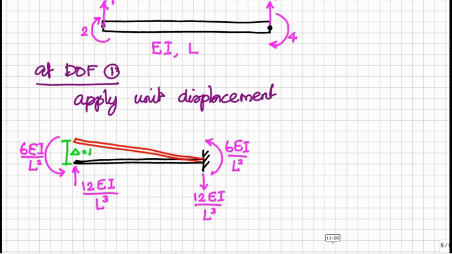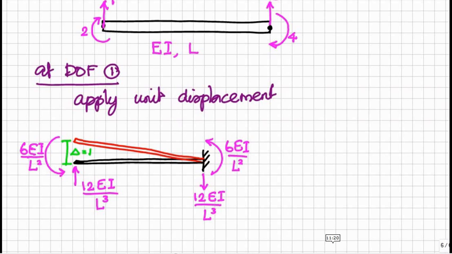For this we have to do all these steps. Now to produce unit displacement at node 1, a moment of 6EI delta by L squared, but delta is equal to 1, therefore 6EI by L squared moment is applied, so that we will get delta equal to 1.